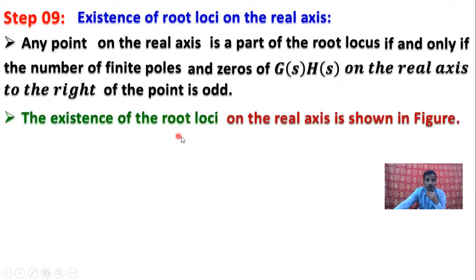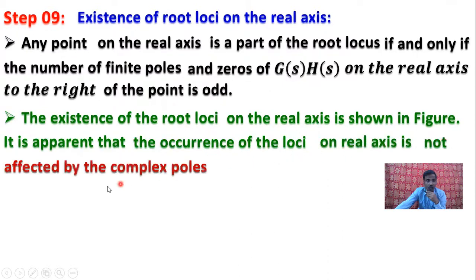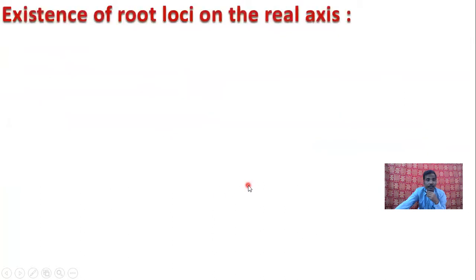The existence of the root loci on the real axis is shown in the figure. It is apparent that the occurrence of the loci on the real axis is not affected by the complex poles and zeros of G(s)H(s).